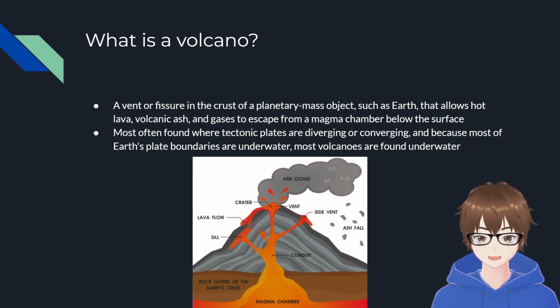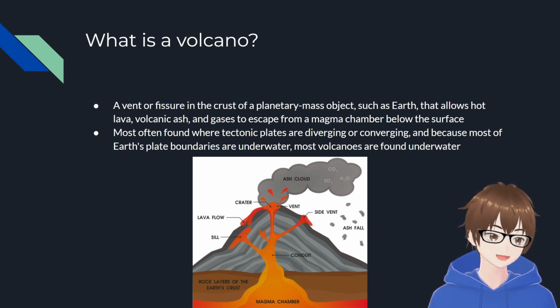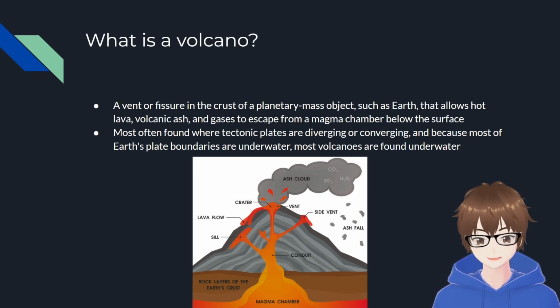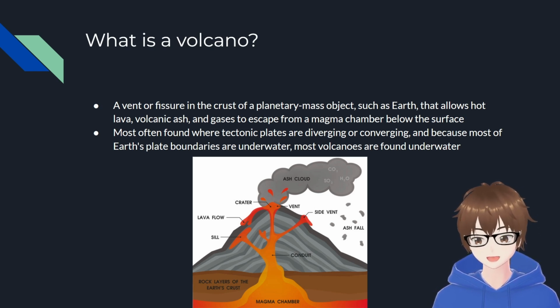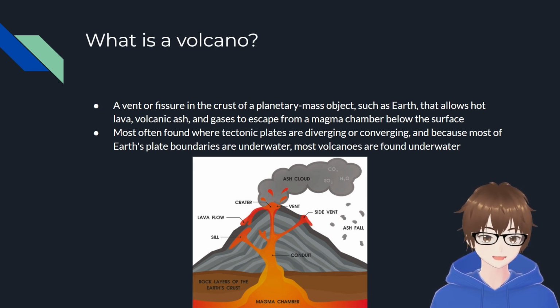But it is a natural thing that the Earth does, and it's going to continue to happen as long as the Earth is around. So we just got to kind of get used to it if we haven't already. But yeah, I hope you enjoyed learning about volcanoes with me, about all the different eruption types, different types of volcanoes, and what volcanoes are named after.